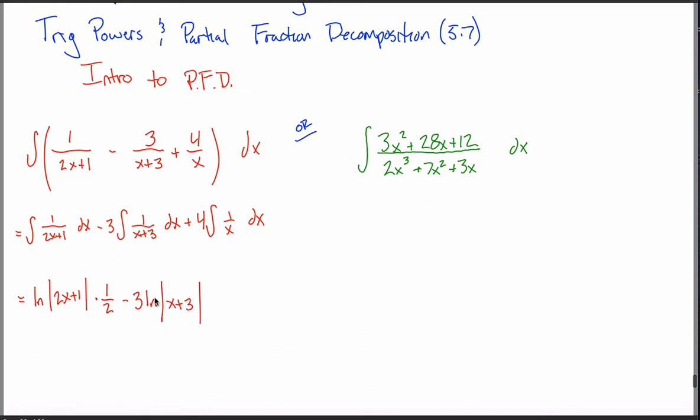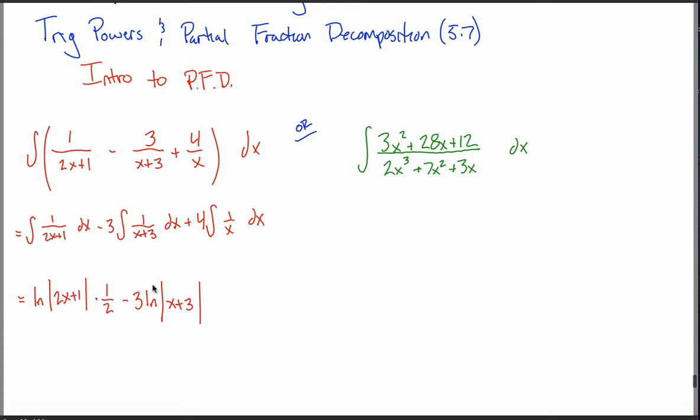But then I have to worry about, wait a minute, if I were taking the derivative of this, I'd have 1 over x plus 3 times the derivative of x plus 3. Oh, good. The derivative of x plus 3 is just 1. So there's no accounting for that I have to do here. What it comes down to is the coefficient on the x here is just a 1. The coefficient on the x here is a 2. So because the coefficient on the x here is a 2, we need this extra 1/2.